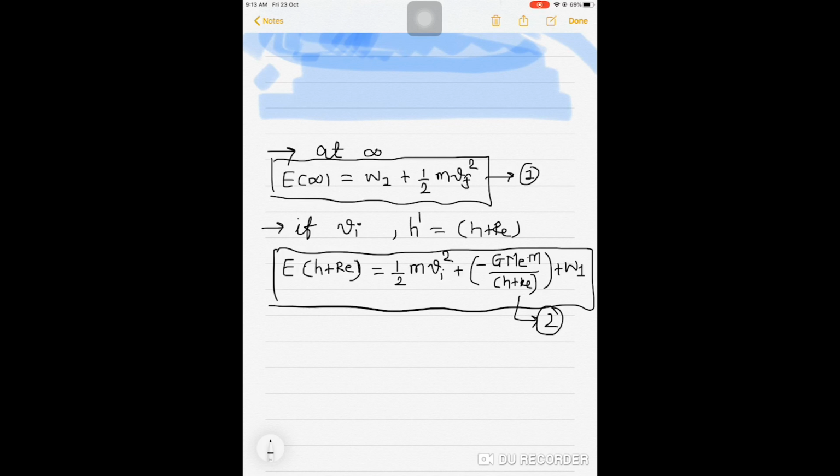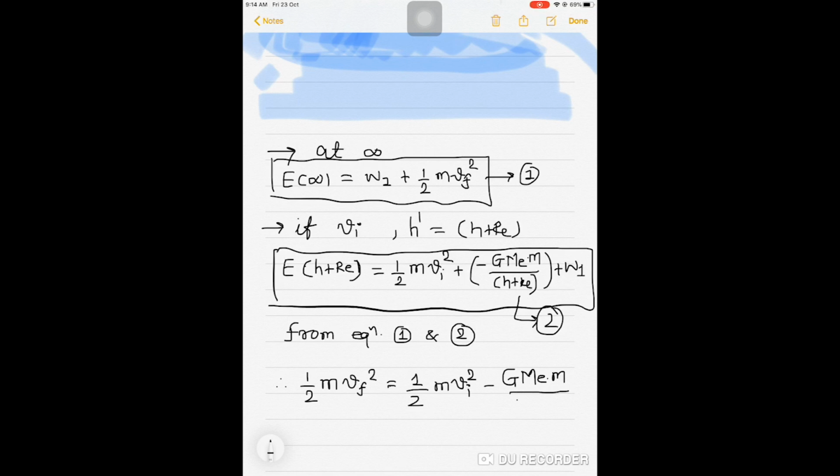So if we compare equation 1 and equation 2, we can say that 1/2 m vf square is equal to 1/2 m vi square minus G Me m over h plus Re.